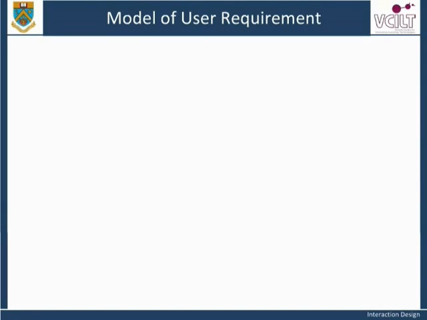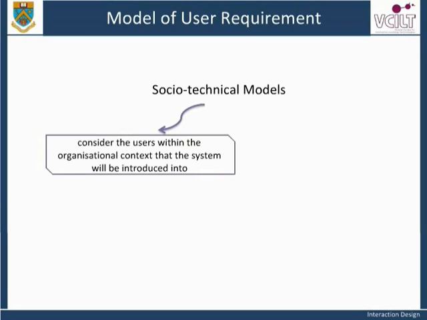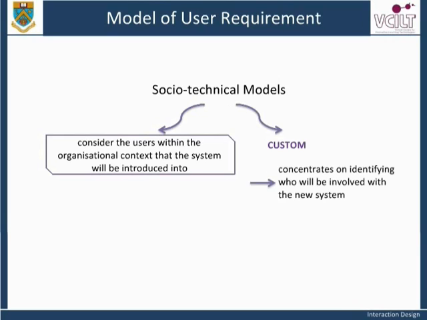Let's now have a look at the socio-technical models. It considers the users within the organizational context that the system will be introduced into. It particularly focuses on the interplay between the social and technical issues, hence the term socio-technical. One such approach is CUSTOM, which concentrates on identifying who will be involved with the new system and what their requirements are, not just functional requirements.